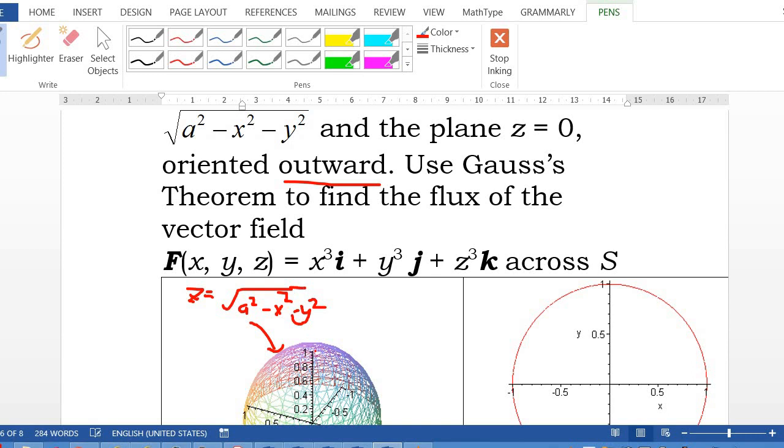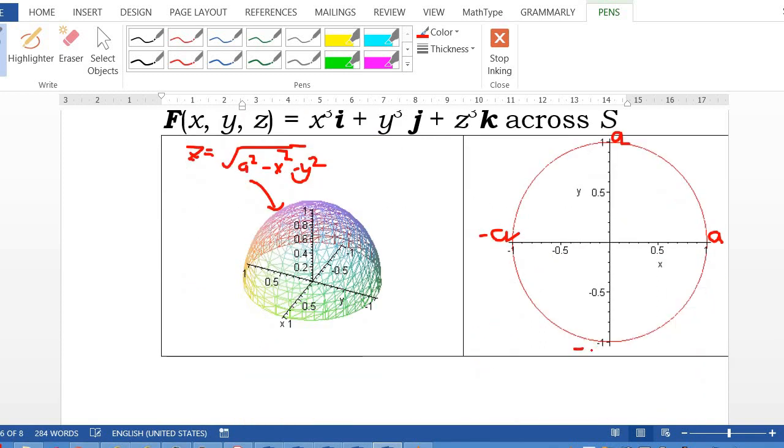Because we plot it using the mapper, we cannot put a, I put it as 1. And the projection of the hemisphere is, this is negative a, this is positive a.